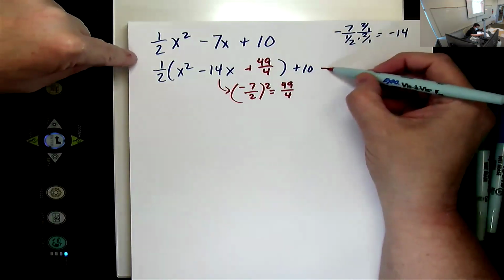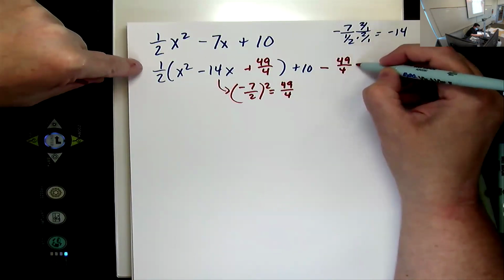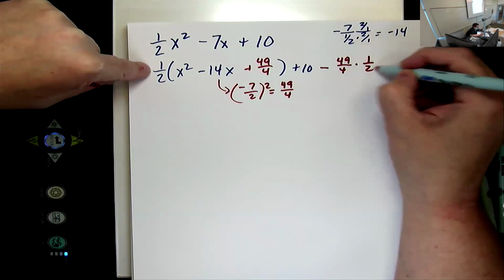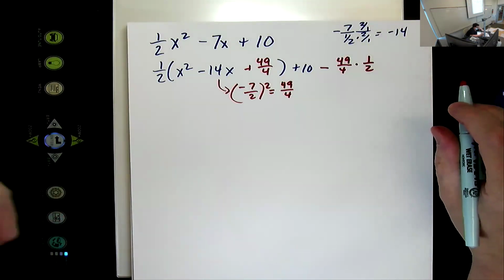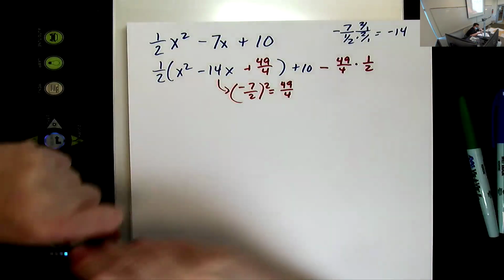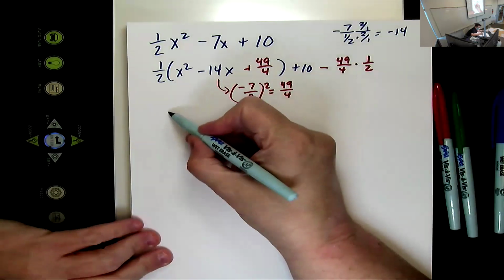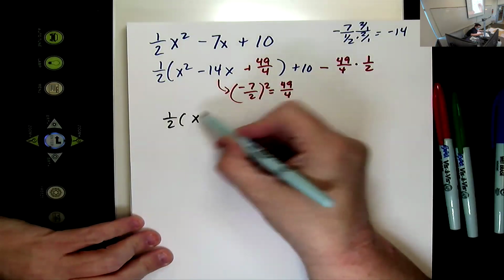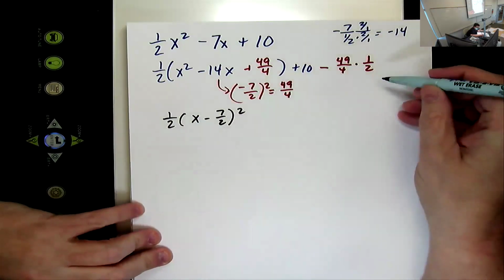So I'm going to subtract 49/4 times that 1/2, since that is multiplied by it. That gives us 1/2 (x minus 7/2) squared.